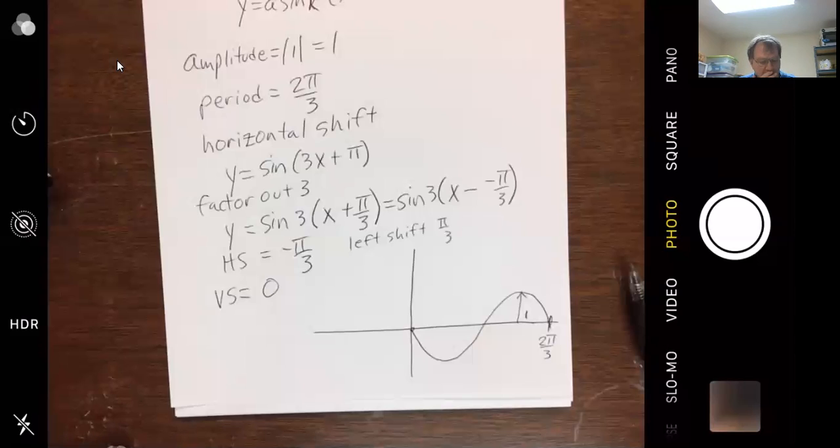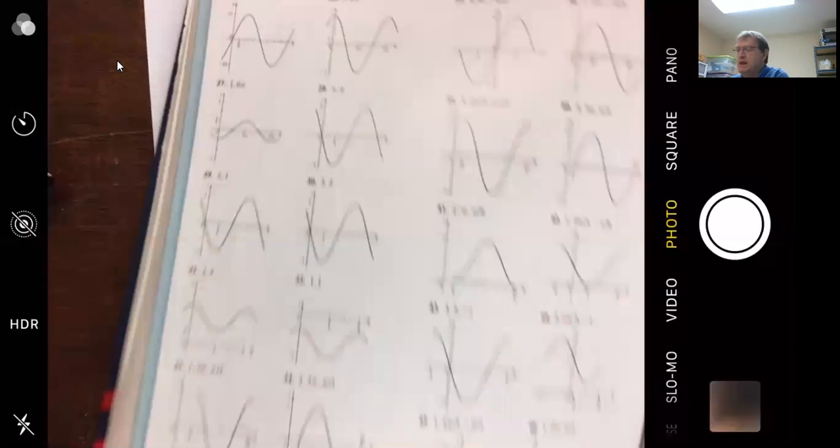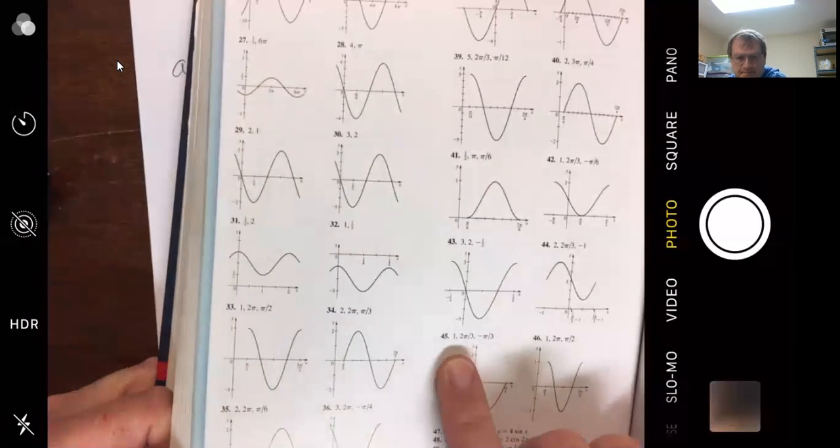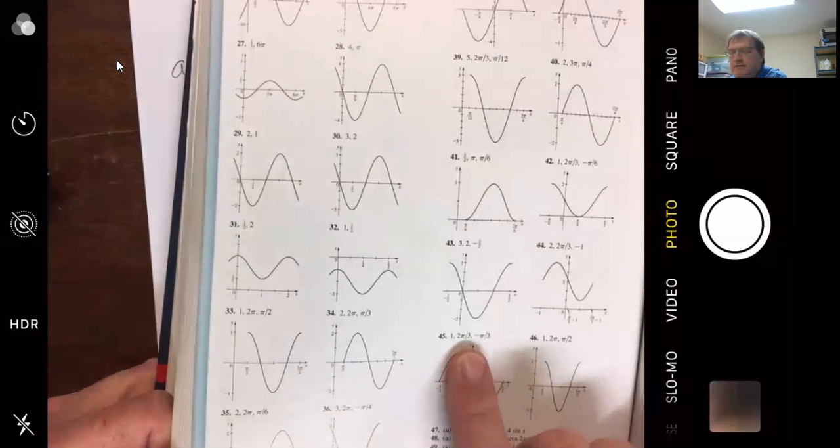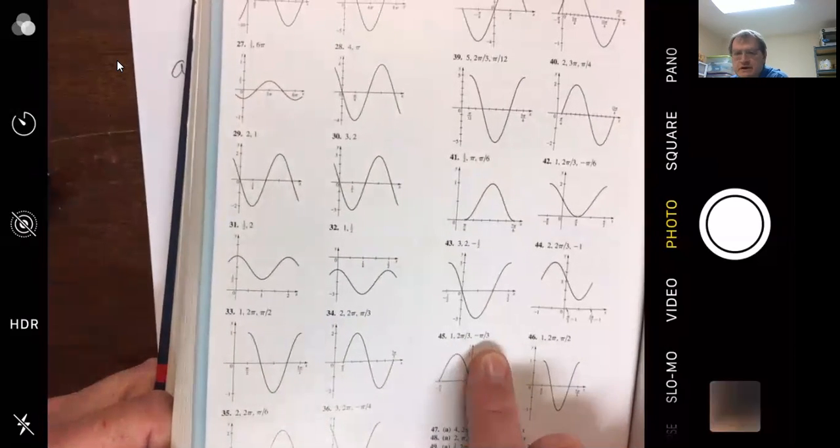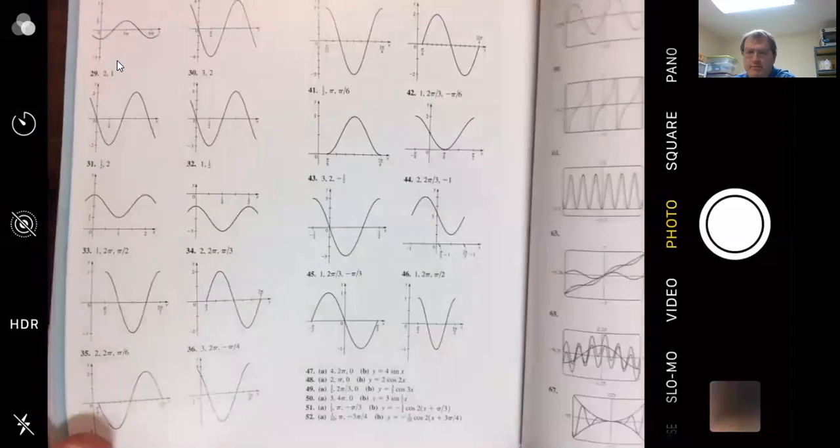Okay. So there's your amplitude of 1. There's your period of 2 pi over 3. And the horizontal shift is negative pi over 3, as we said. Now, I'm not getting the graph to match.